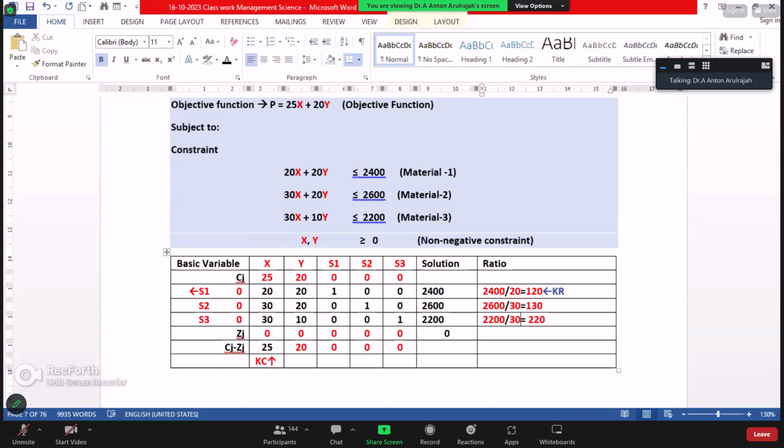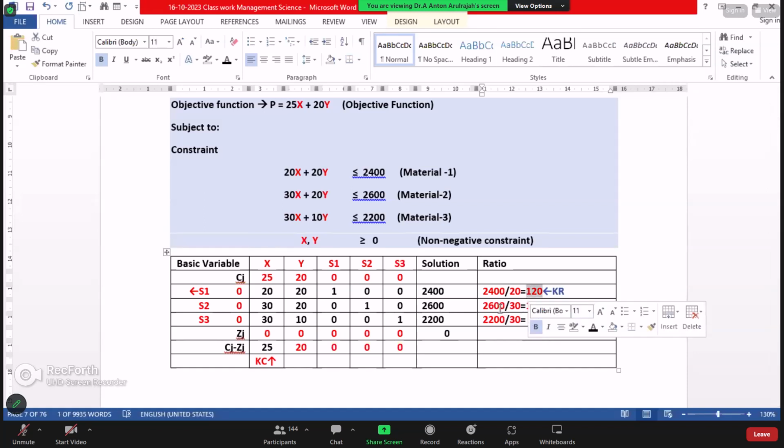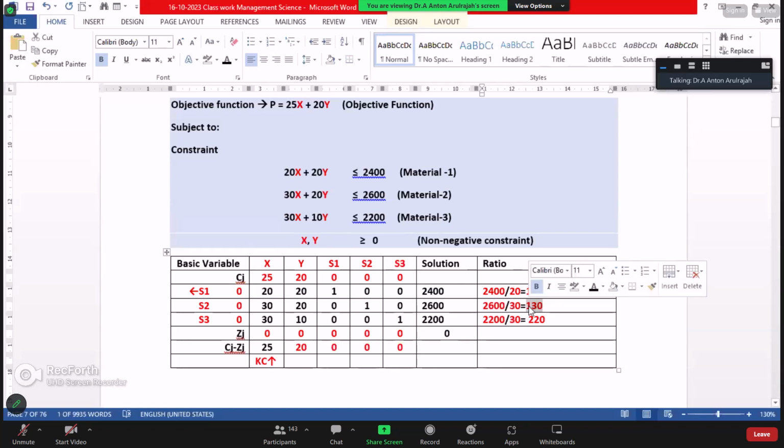So if you do 2,400 divided by 20, you will again get 120. Okay? And 2,600 divided by 30, you will get 86.7 if you round it.